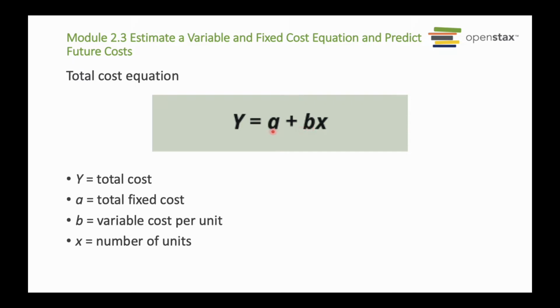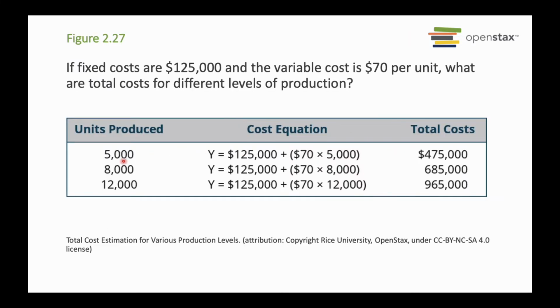So we will have only to substitute the number of units into X in order to calculate total cost. And given each level of activity, the total cost is indicated in the last column.